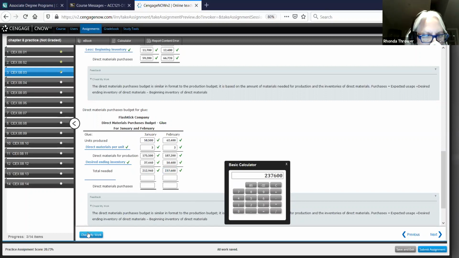Check your math. And then our beginning inventory is going to be deducted back out. And we're going to base the beginning inventory on December's ending inventory. So we're going to start with January's direct materials for production, 175,500. We're going to multiply that by 20%.